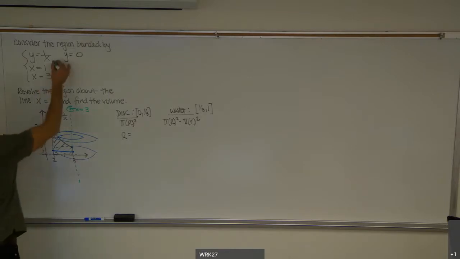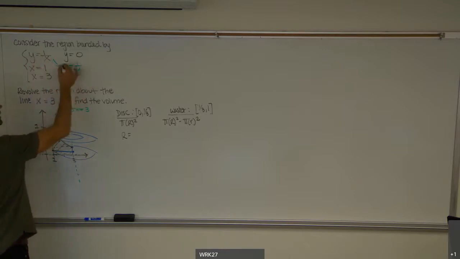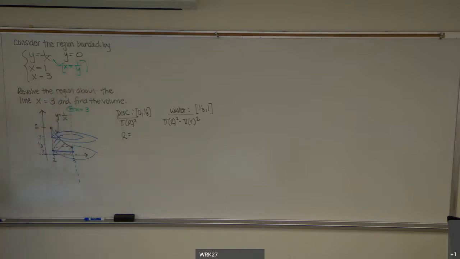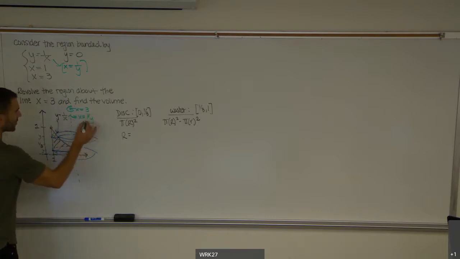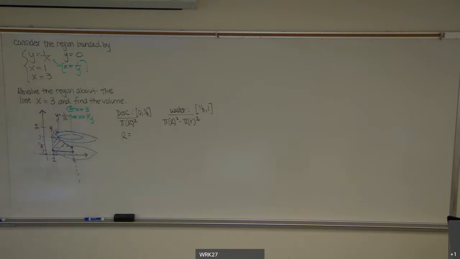In fact, I need to change its dependency, solve for y. If I do that, I'll multiply both sides by x, divide both sides by y, and changing dependency again doesn't do too much for me, but I do have to do it, and it's x equals 1 over y. So instead of y equals 1 over x, we need to think of this as the function x equals 1 over y if I'm going to use it.